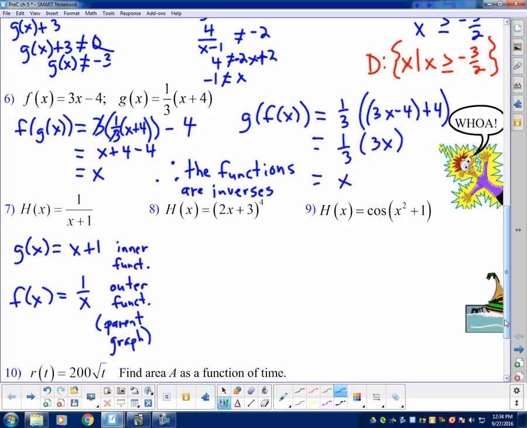What parent graph do you see in number 8? Kind of, yeah, but it's not the parabola, it's not squared, it's x to the fourth. So it's the parabola that's kind of flatter along the bottom. It's on your yellow sheet. That's as high as we went; even powers went to the fourth. So that means the inner function is what?